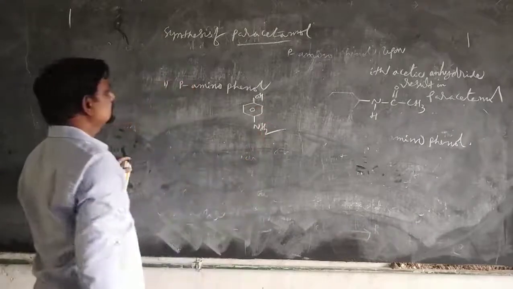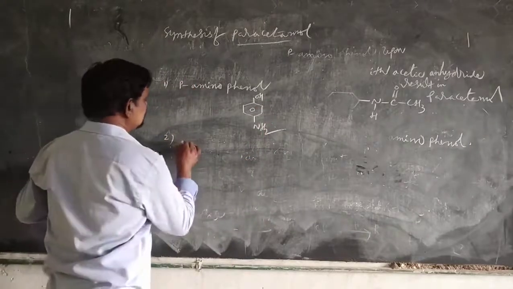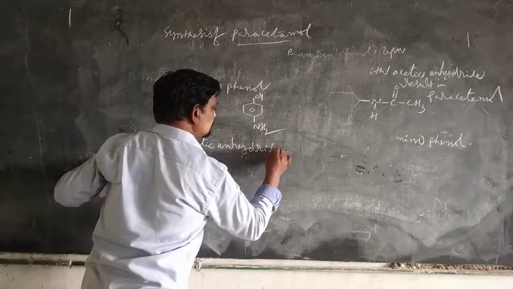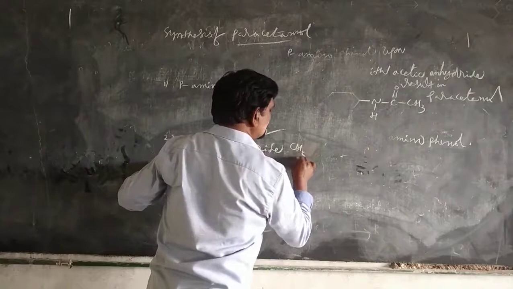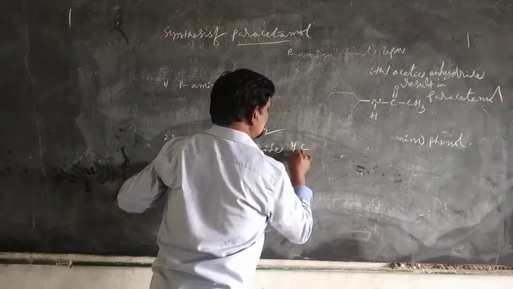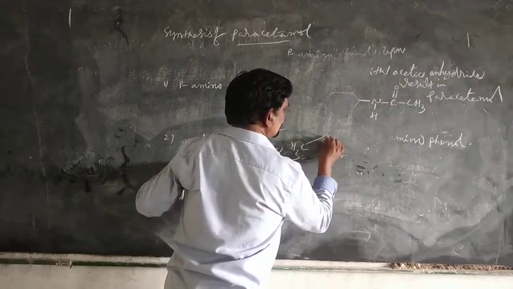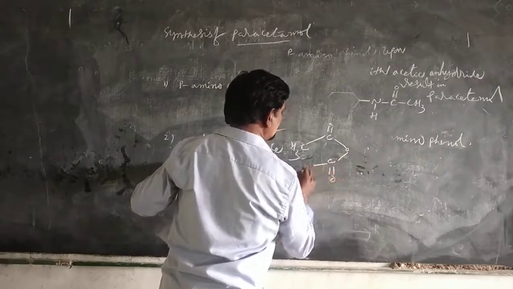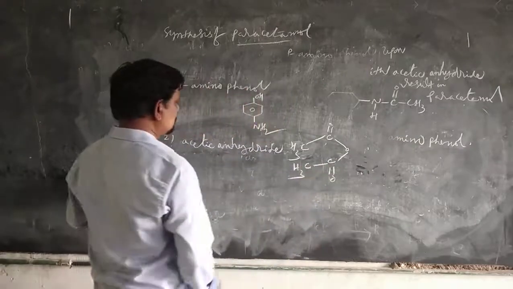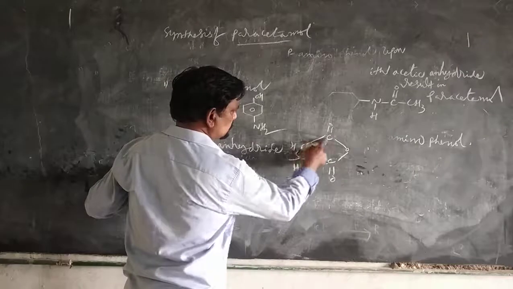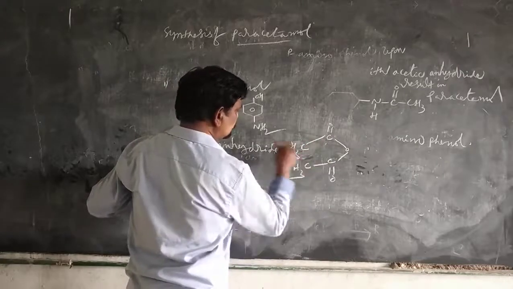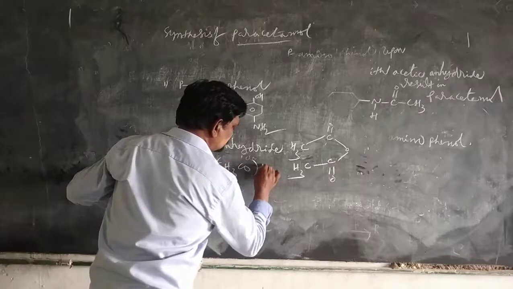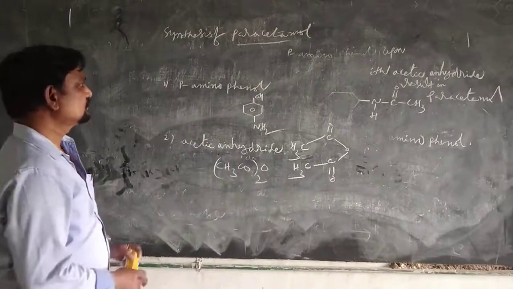So para-aminophenol and another one, acetic anhydride, CH3CO. It is also known as ethanoic anhydride: CH3CO twice O.